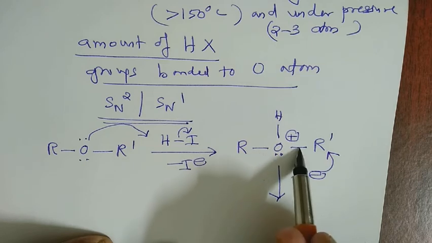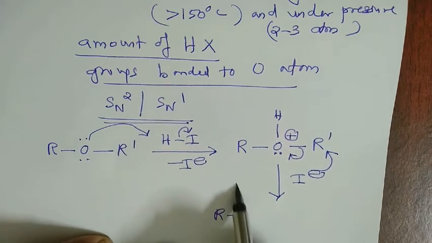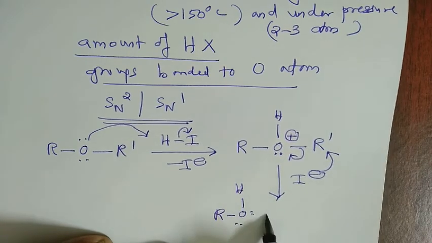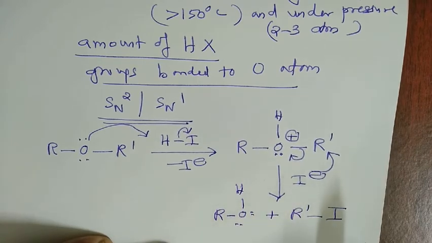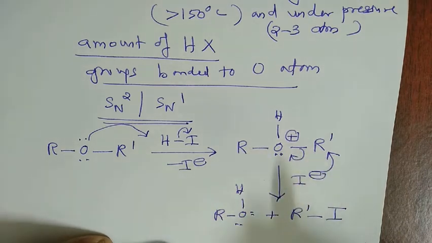Simultaneously, the carbon-oxygen bond undergoes cleavage to form a mixture of alcohol and alkyl iodide. This is an SN2 process. Bond making and bond breaking take place simultaneously.